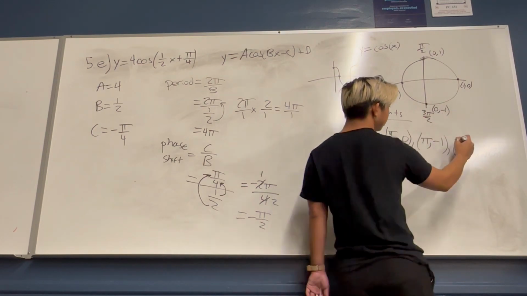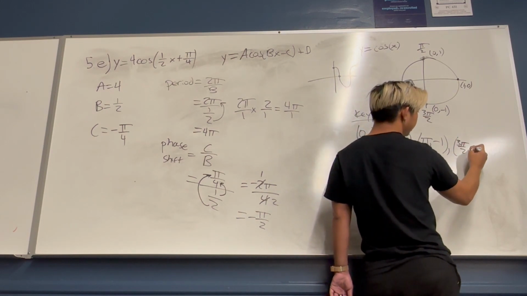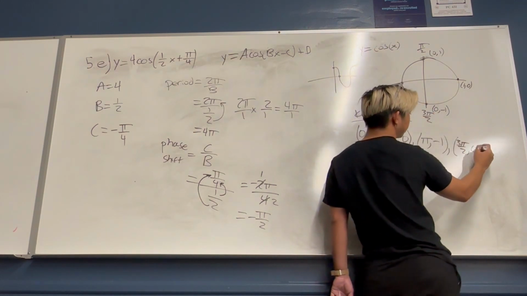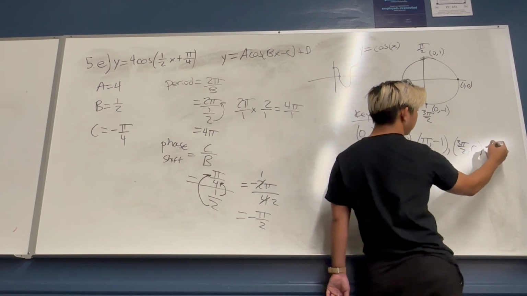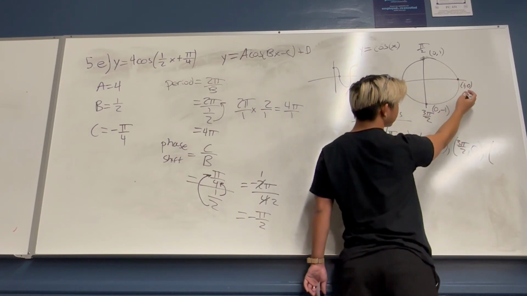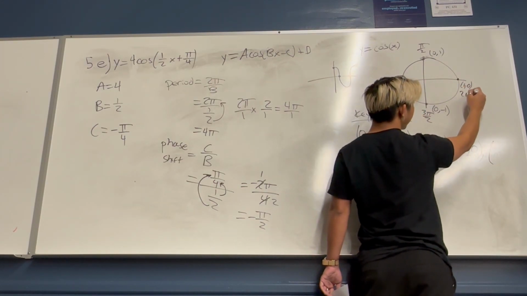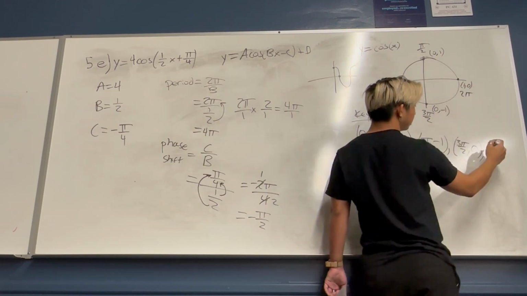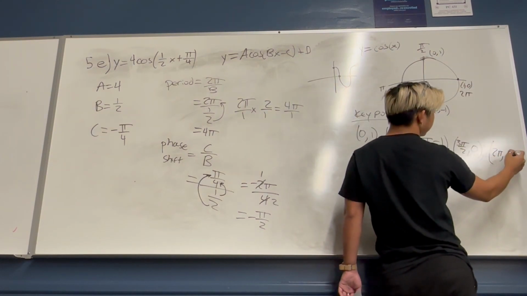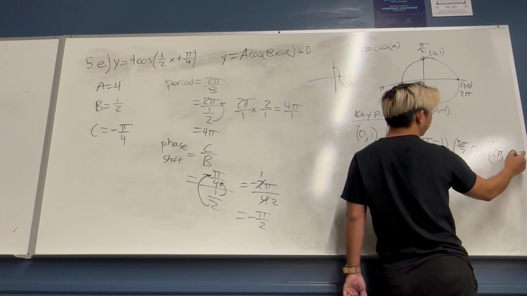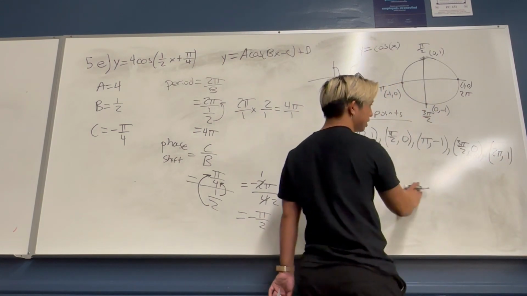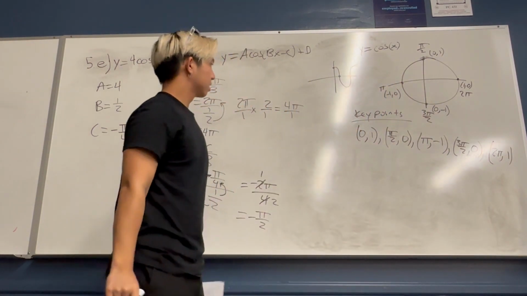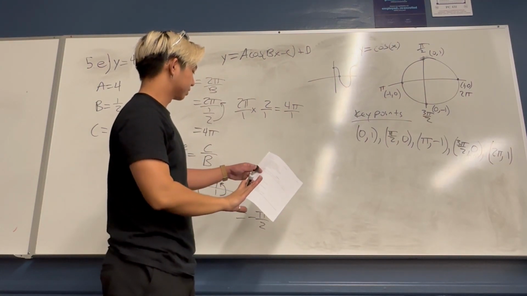So angle is 3 pi over 2, and our x coordinate is 0. And what's our final coordinate? We go back full circle to 2 pi now. And what's our x coordinate? It is 1. So 2 pi and 1. So these are the key points for y equals cosine of x.